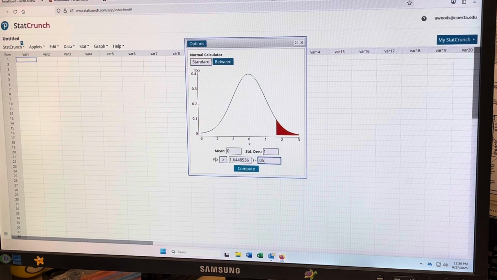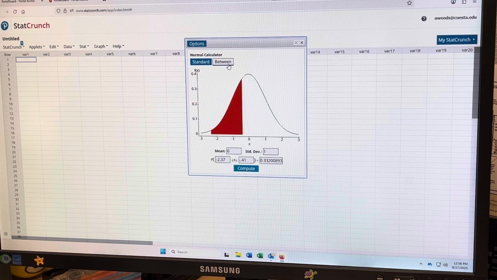Now, we can do tails this way by using the less than or greater than, but we can also do between. So the next example says, now find the z-scores that bound the middle 95%. So we're looking at the middle 95%, which means we're doing a between.